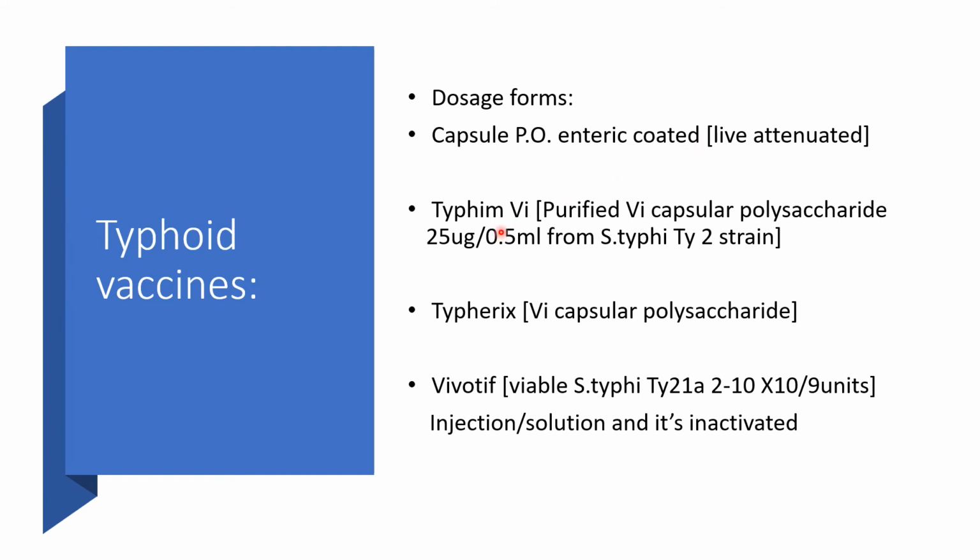The non-live attenuated example would be Typhoid Vi, that is purified Vi capsular polysaccharide at 25 microgram per 0.5 ml from Salmonella typhi Ty2 strain. Typherix is Vi capsular polysaccharide and Vivotif is viable S typhi Ty21a 2 to 10 times 10 to the power 9 units, as a form of injection, and it is inactivated.